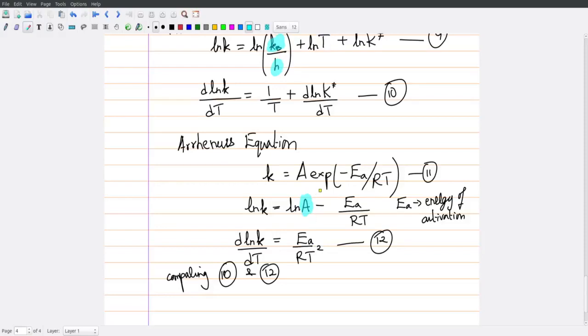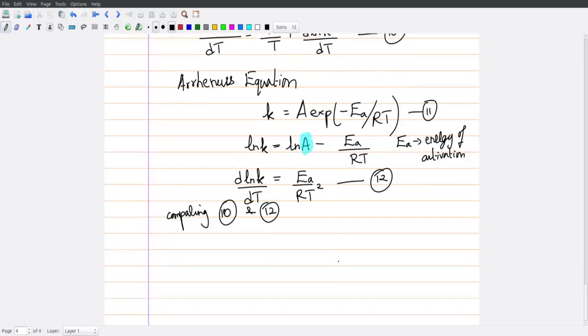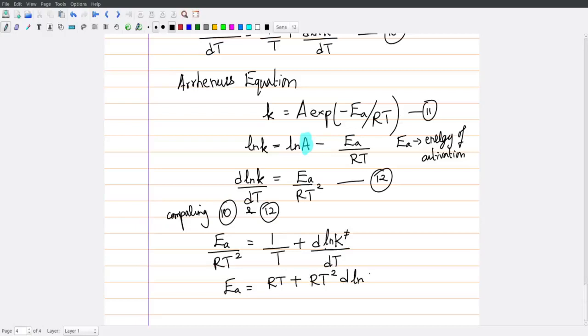So we want to eliminate those terms, which is why we are differentiating with respect to T. Now if you compare equations 10 and 12, you get EA by RT square equals 1 by T plus d of ln K dagger by dT, or we can say EA equals RT plus RT square d ln K dagger by dT.